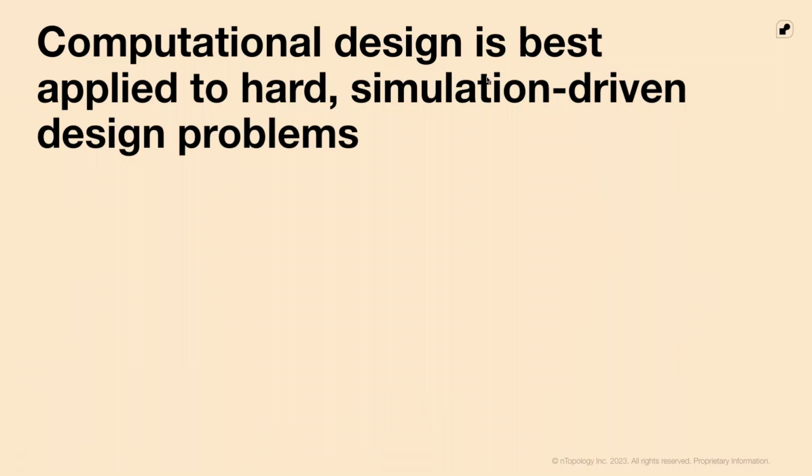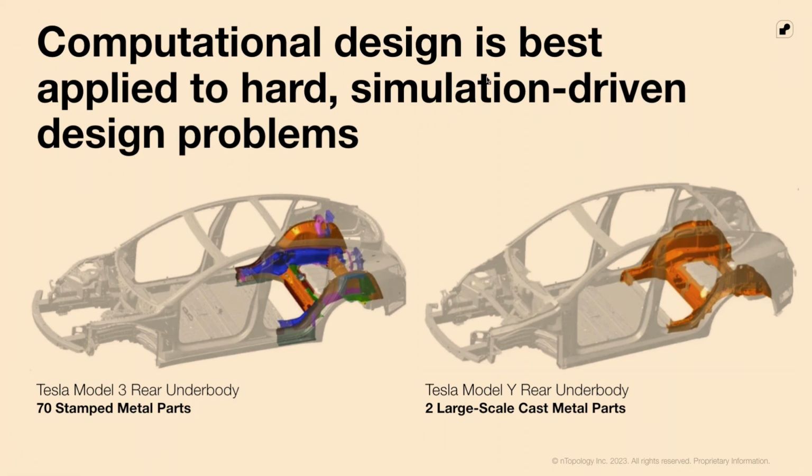So, first off, the way that we think about computational design, we think computational design is best applied to the really hard physics-driven problems where iteration is really key through the process. And this is an AM conference, but I thought it would be interesting to start with a non-AM example.